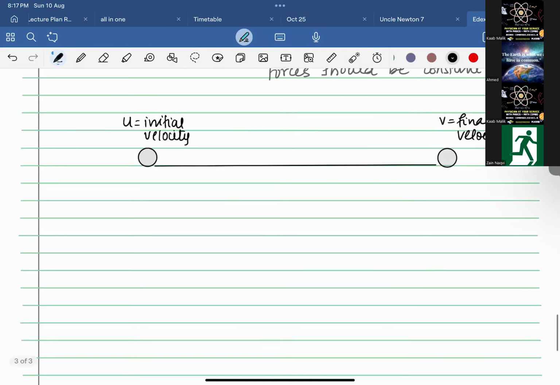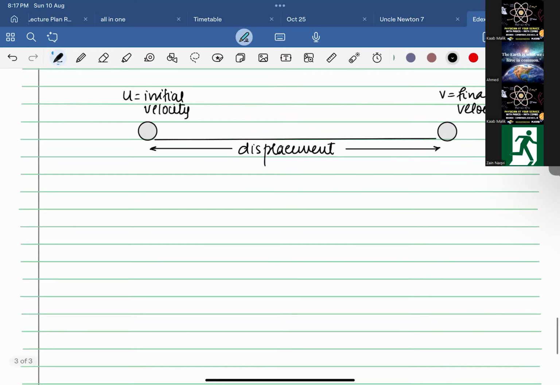And the distance, or the separation between the two points, is going to be the displacement, not the distance. Please be very careful. We are considering the displacement and not the distance.